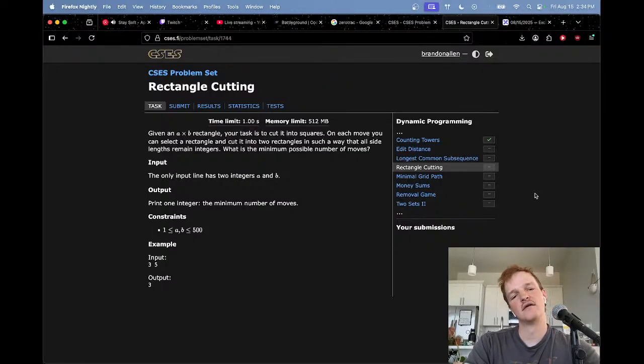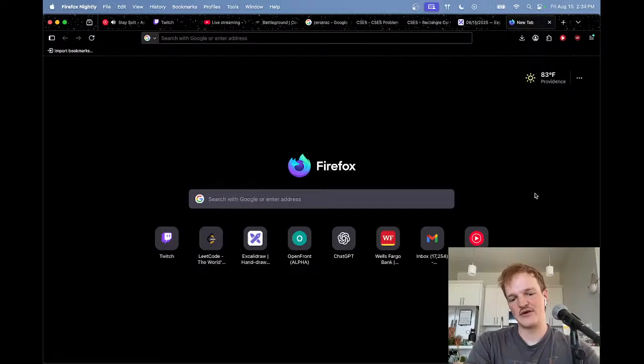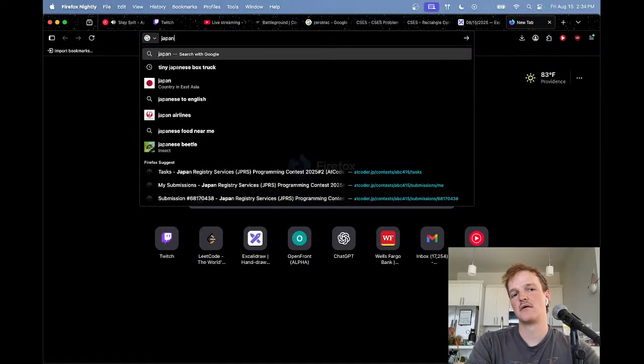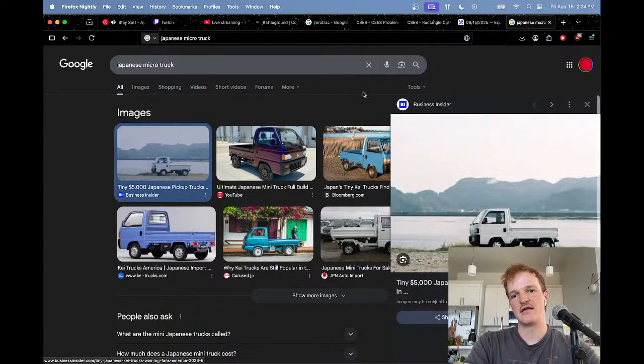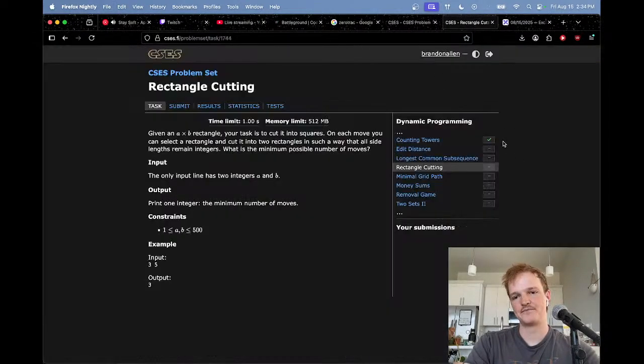Okay. How's the Japanese truck? Oh, one of those little trucks I mentioned a while back. Yeah. There's one of these on my street. I know. I'm pretty shameless.